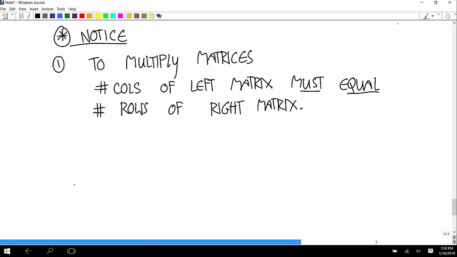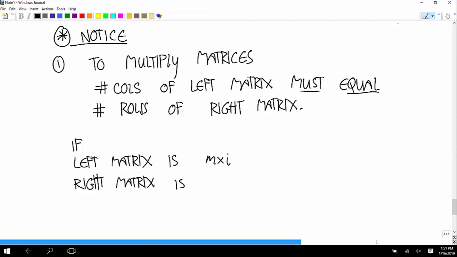And so we also, using this idea, can figure out what the size of the output matrix is going to be if the left matrix is M by I, M rows and I columns, and the right matrix is I by N. Those I's have to be the same so that we can multiply these.